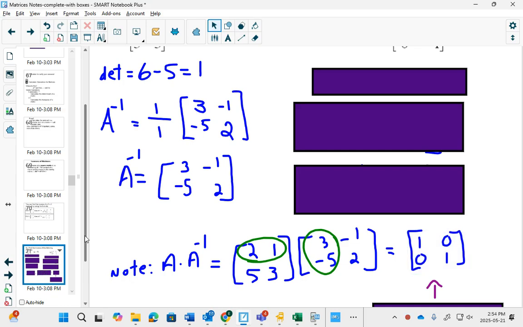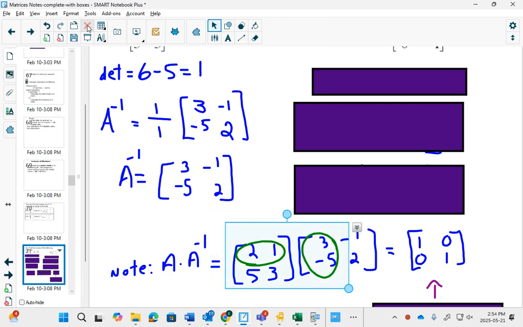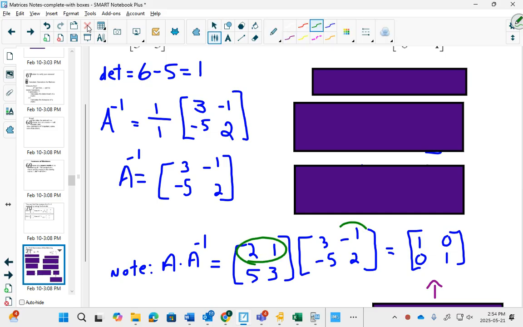So what we want to get is the identity matrix. If I take row 1, column 2, that will give me this answer. If you turn 2, 1 sideways, crash it in, you get negative 2 and 2, which would be 0. Nice.